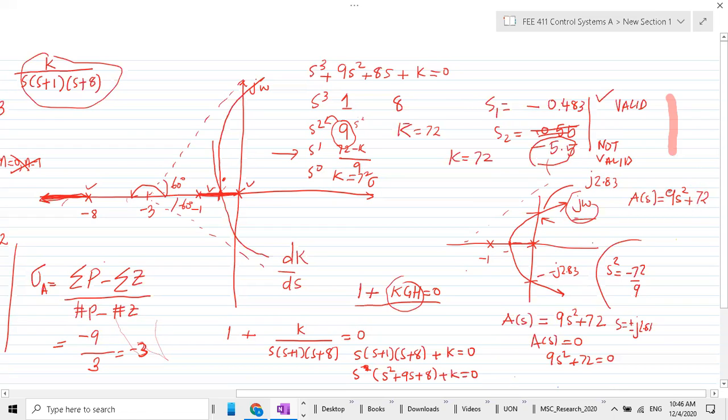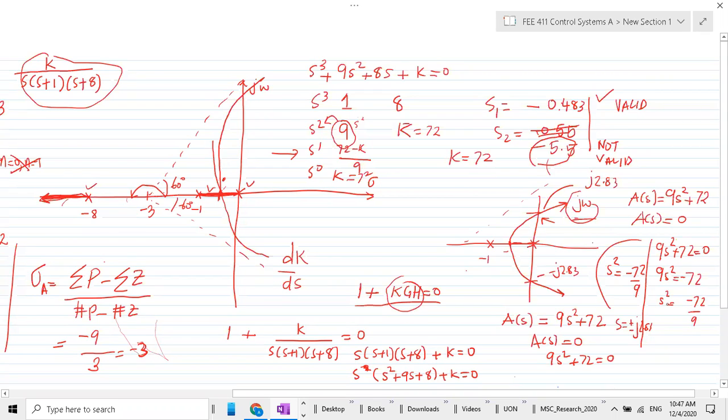For you to get these roots, you set A of s equal to 0. So we say 9s squared plus 72 equals 0. So 9s squared equals minus 72. s squared equals minus 72 over 9.